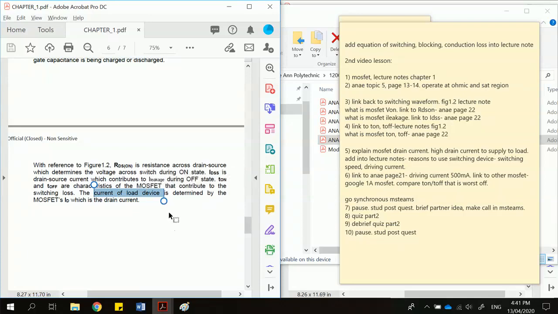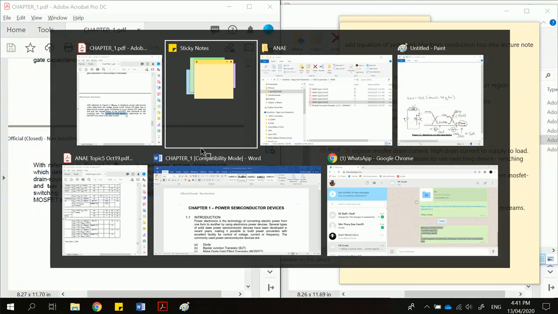If let's say our load device requires 1 ampere to work properly, let me write this down.